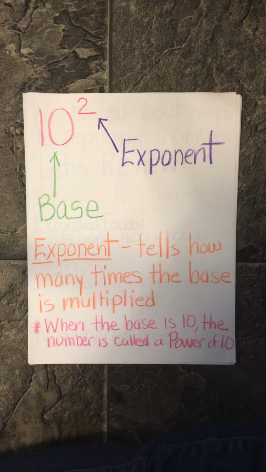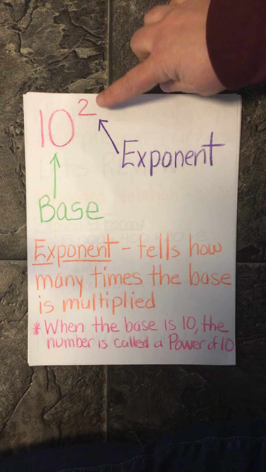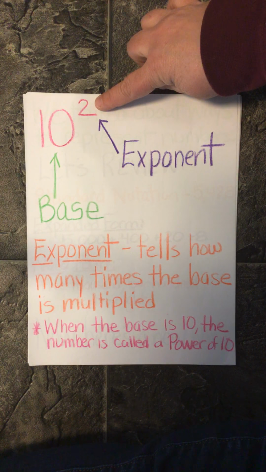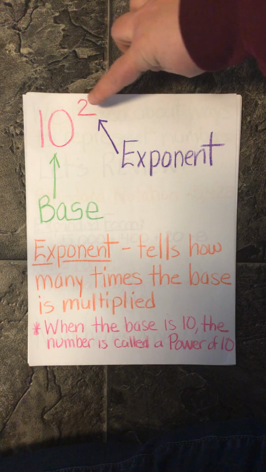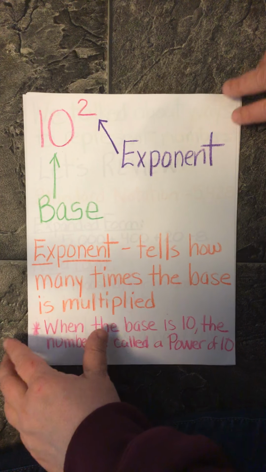So when the base is 10, the number is called a power of 10. Our exponent is 2, so we would do 10 times 10. We would multiply 10 by itself twice.